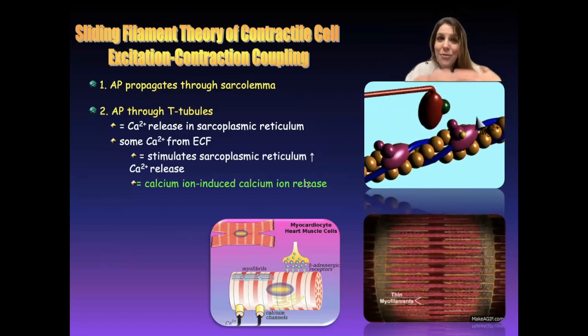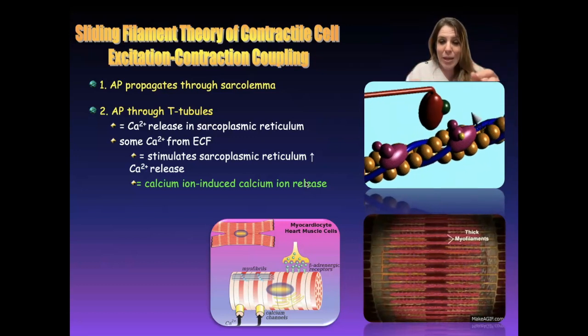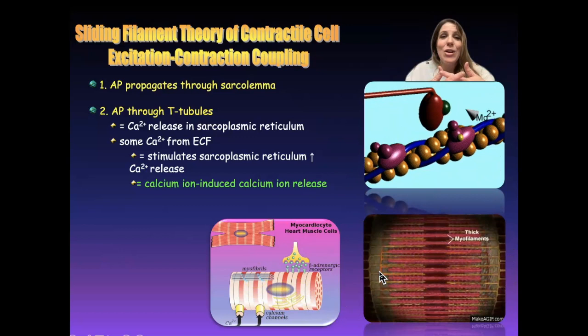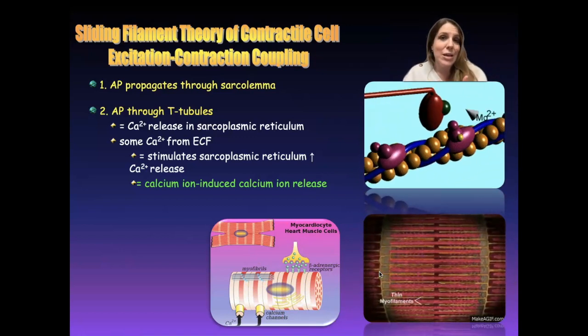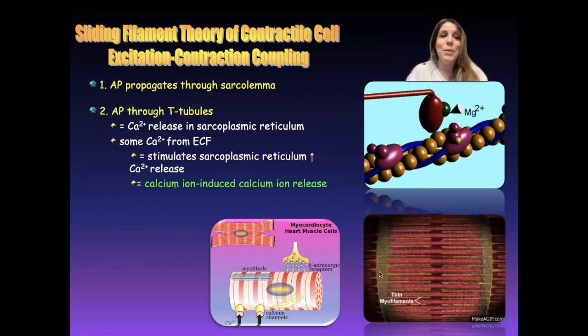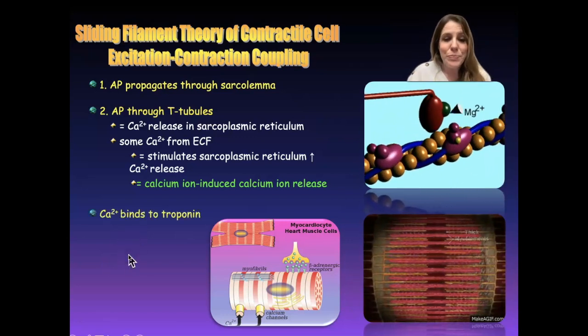And so that positive feedback loop is going to generate enough calcium to get these filaments, the thick and thin filaments, to slide past each other, generating a nice strong contraction inside those contractile cells. And again, you put that together, all that happening in the contractile cells, and that's how you're going to get heart contraction.